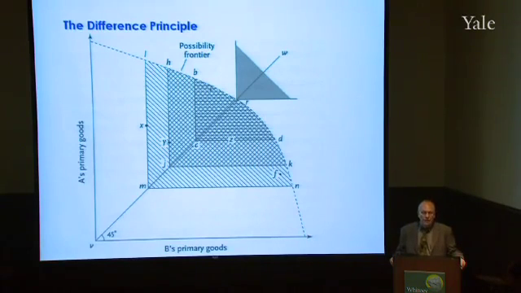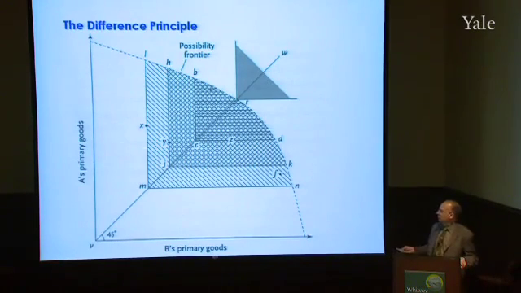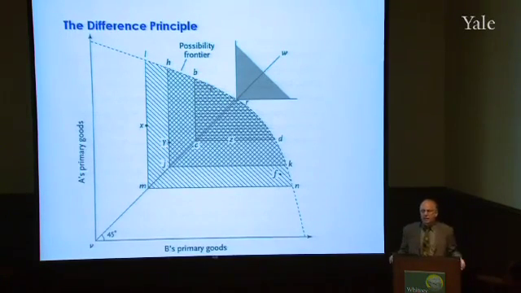He's indifferent to who has that share, so that, say, a move from X to F over here would be an improvement for Rawls, even though it's clearly a massive loss to A and a huge gain to B. He's not interested in that. The point is that the distance from the axis to F is greater here than the distance from the axis to X is there, and that's the only relevant consideration.